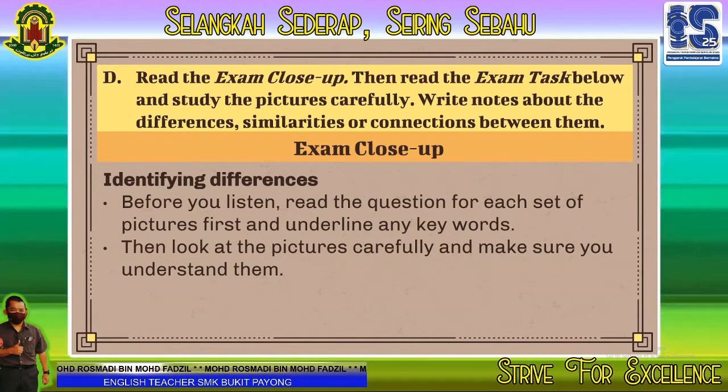If you look at picture question 1 exam task, okay, ada 3 perempuan tu, right? Okay, we have here, tengok A, B, C. Picture A about a girl. Macam mana rupa dia? Look at the differences. Macam mana rupa perempuan A?